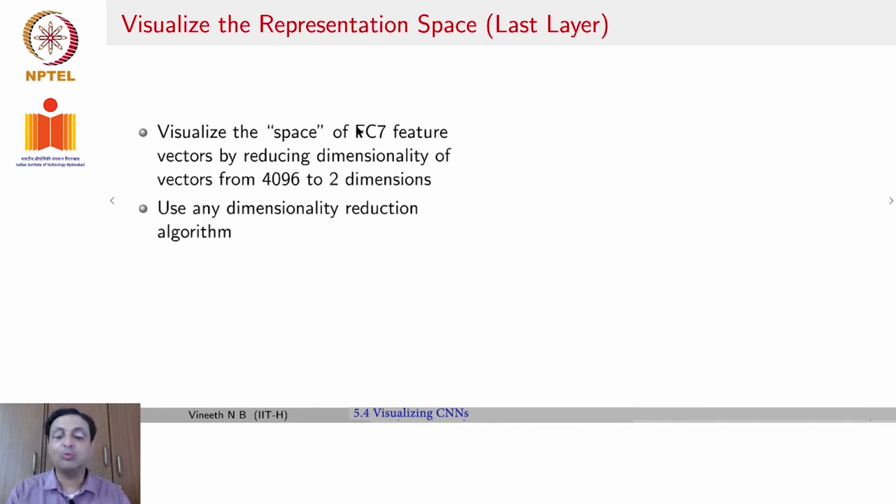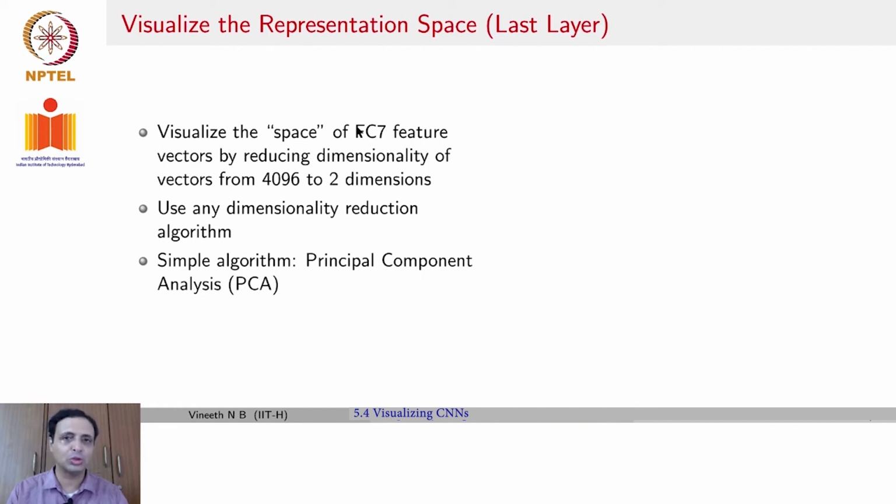Once again, hopefully you have done a basic machine learning course and you know that you can use any dimensionality reduction method to be able to do this. A simple example could be principal component analysis. So you take all of those 4096 dimensional vectors of several input images and you do a PCA on top of them to bring all of them into a 2-dimensional space.